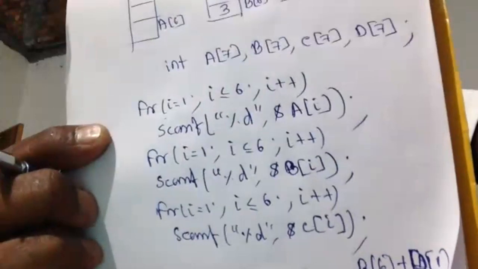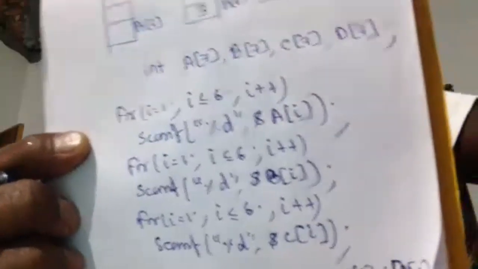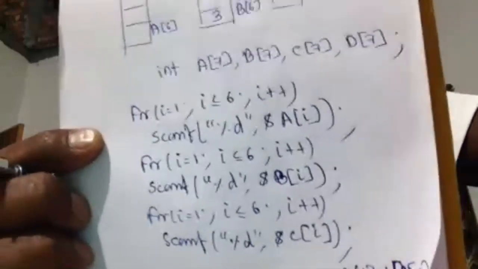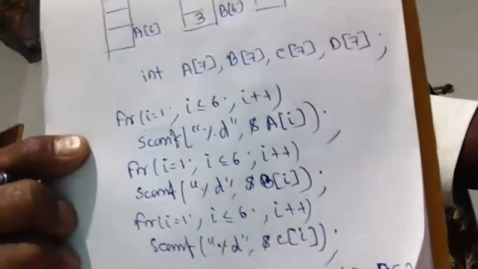Now you see, it's clear or not? I have written this program to input arrays A, B, C. So can anyone tell what is missing right now? From top to bottom, is anything missing?